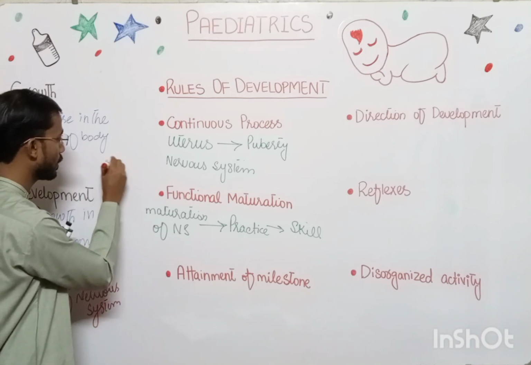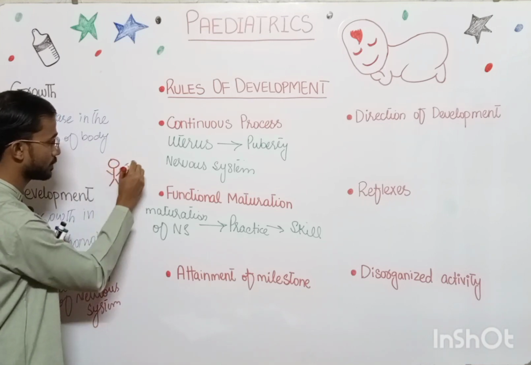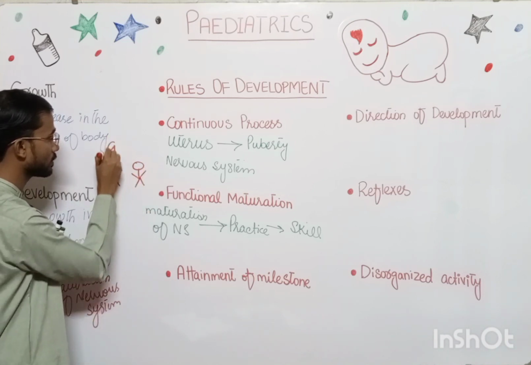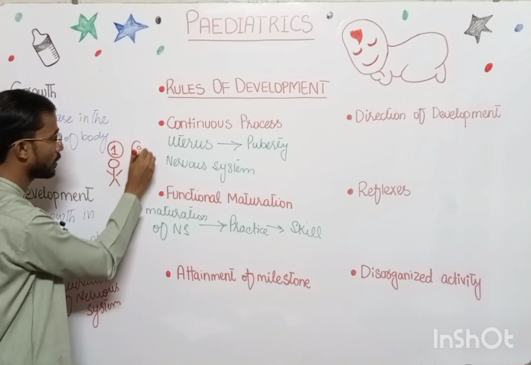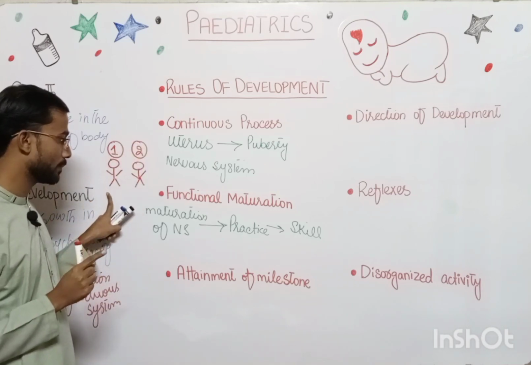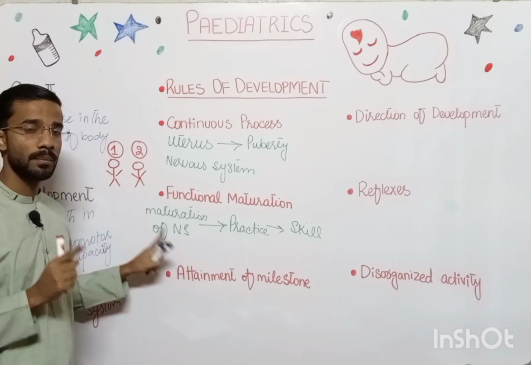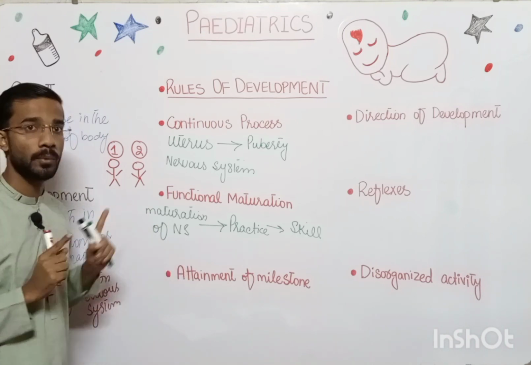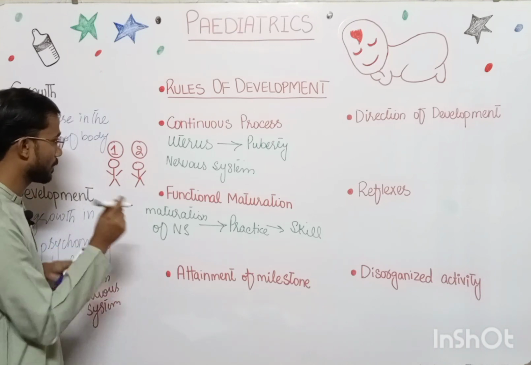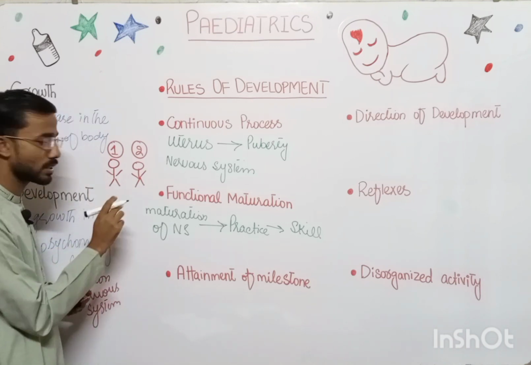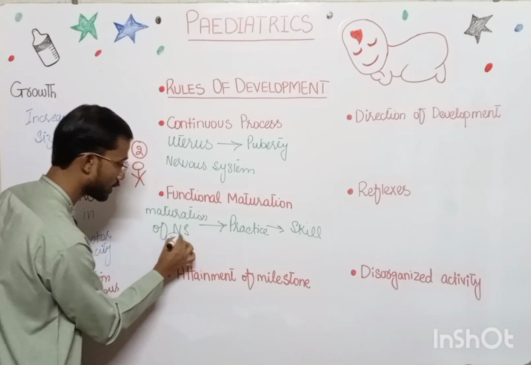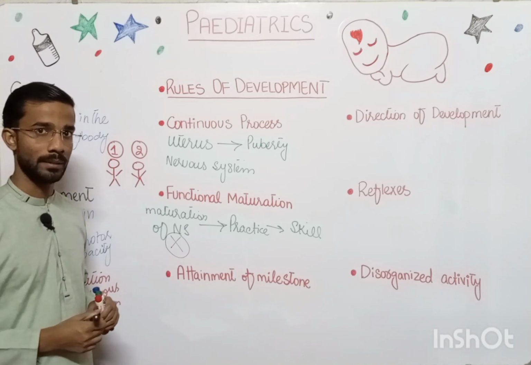there are 2 children. Number 1, number 2. Number 1 child's nervous system does not mature properly. So here is the point. Child 1's nervous system does not mature properly.